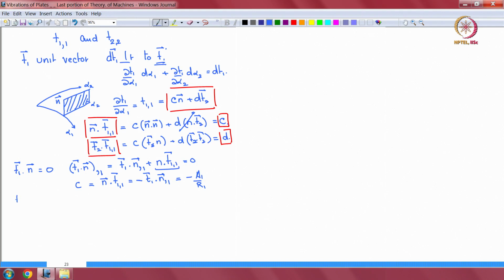Next, T2 dotted with T1 is equal to 0, and so its derivatives are also 0.